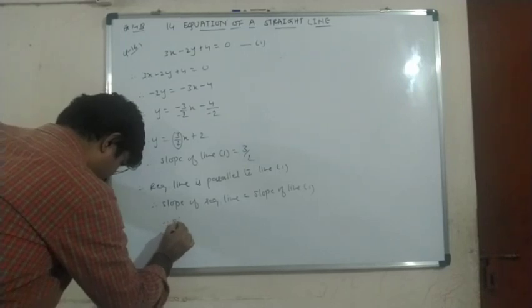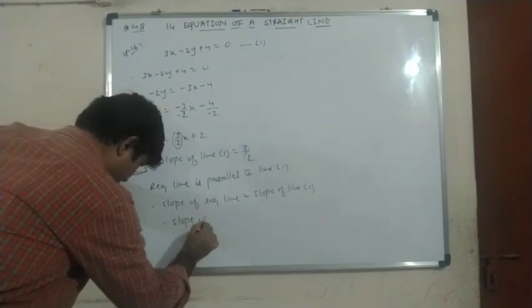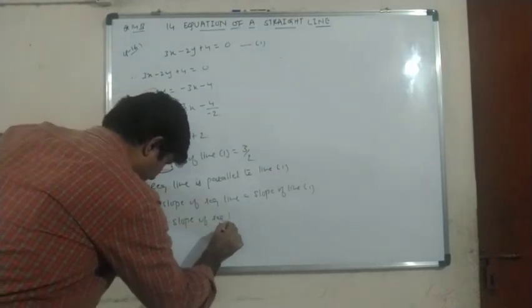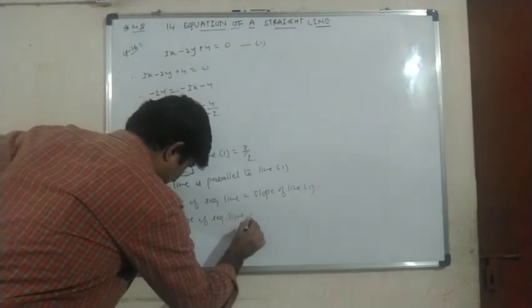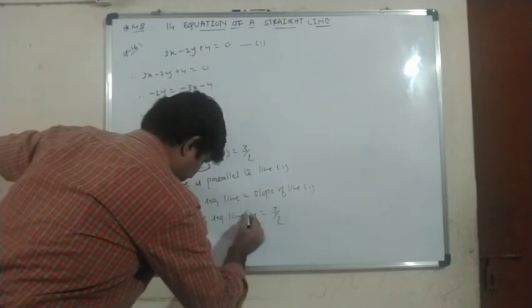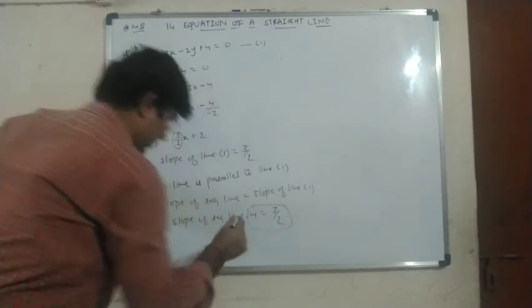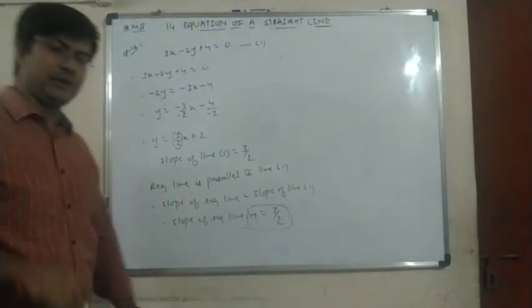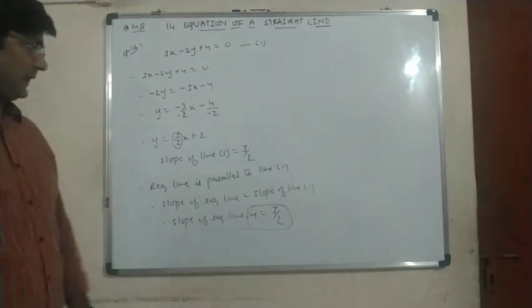And therefore the slope of the required line, denoted by m, will be equal to 3 upon 2. So this is the slope of the required line.